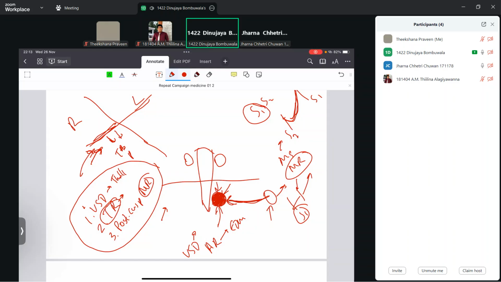Right-sided heart murmurs increase in intensity with inspiration, and left-sided heart murmurs increase with expiration. Same thing the other way.